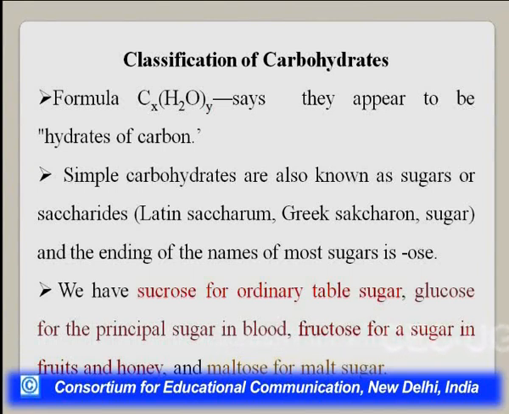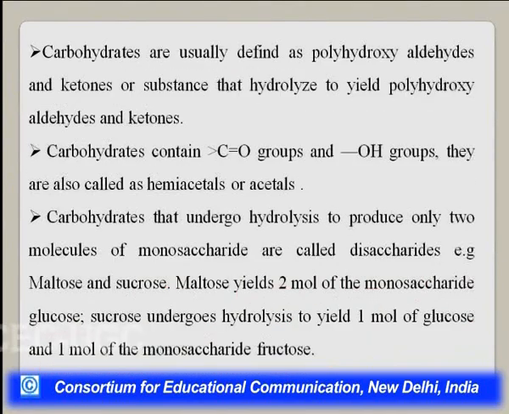This is from the Latin word saccharum as well as the Greek word saccharon, and the ending of the name of most sugars is OSE, O-S-E. We have sucrose for table sugar, glucose for the principal sugar in blood, fructose, a sugar in fruits and honey, and maltose for malt sugar. You have heard these kinds of sugars.